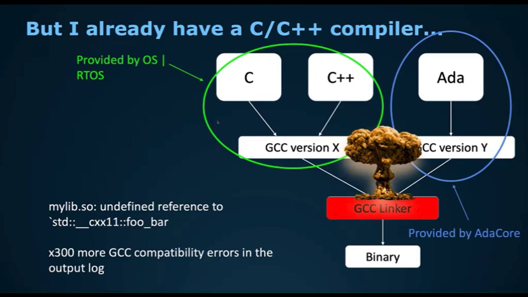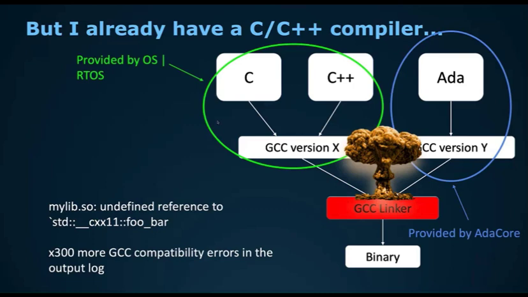What we're actually seeing here is that the C++ ABI that GCC implements changes from version to version. So it's very possible that if you have different versions of GCC and you try to link them together, you are going to get errors like we see on the left here.